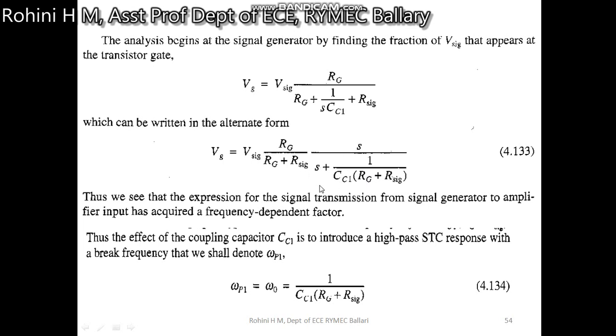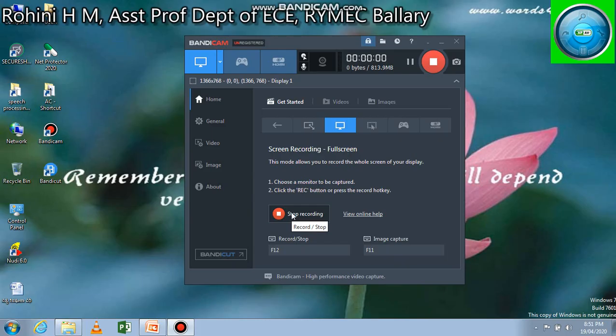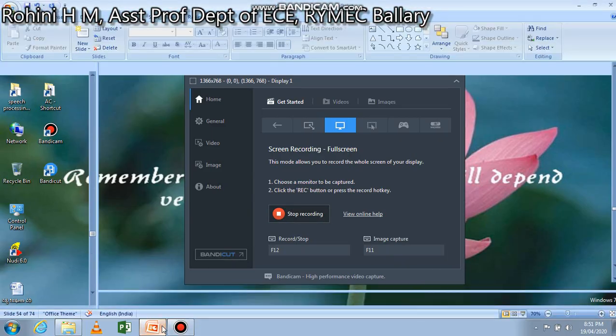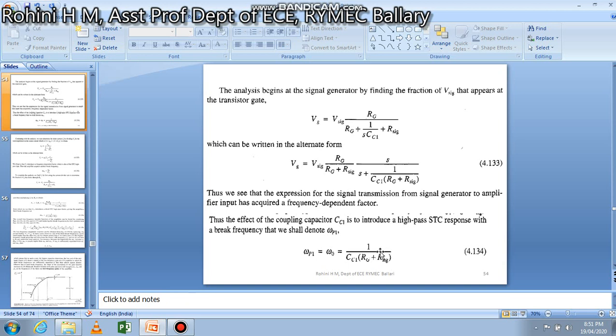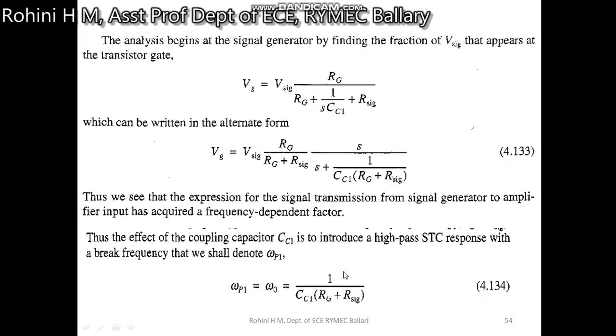This is a frequency dependent term we are obtaining. Thus the effect of coupling capacitor CC1 is to introduce a high pass STC. Therefore omega p1, or the cutoff frequency omega naught, is given by 1 over CC1 into Rg plus R signal.